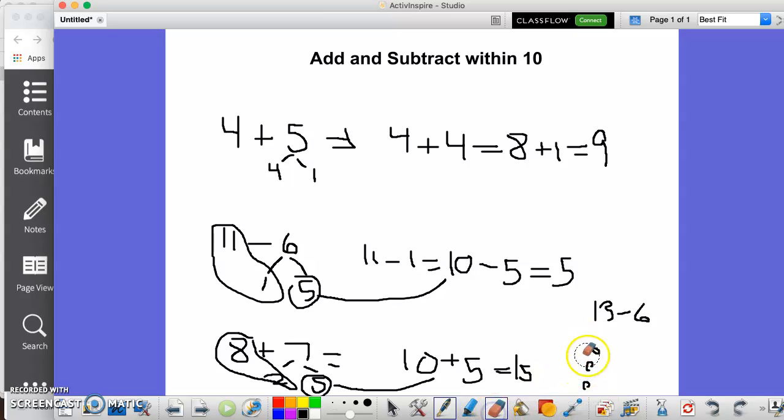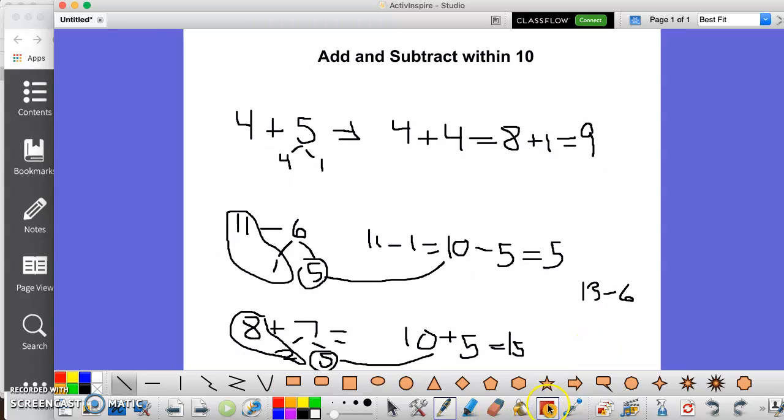I'm going to erase this and do some easy circles. That might be a little easier for me. Alright, so I need 13. So 1, 2, 3, 4, 5, 6, 7, 8, 9, 10, 11, 12, 13.